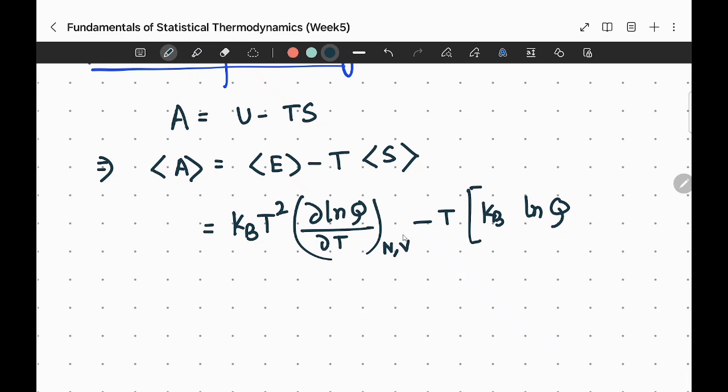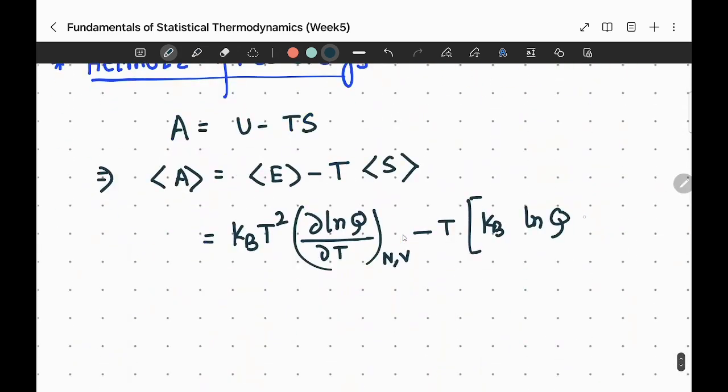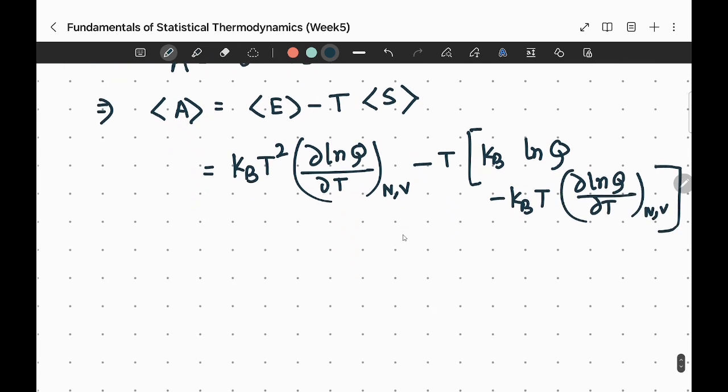What was the form? KB ln Q. KB ln Q minus KBT del ln Q del T at N, V. So what will be the answer?